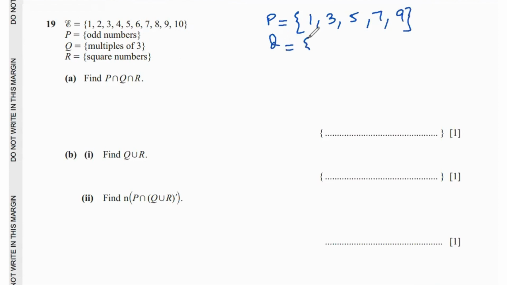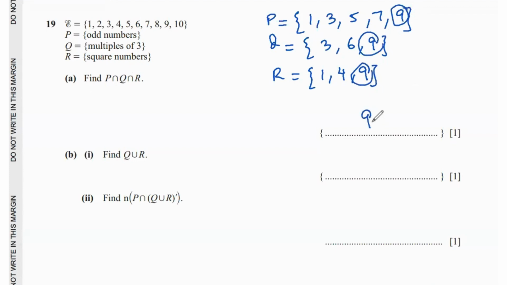Q is going to be 3, 6, and 9. And R is going to be 1, 4, and 9. So part A is find P intersection Q intersection R, which means the common element between all three sets. As we can see, the common element is 9.